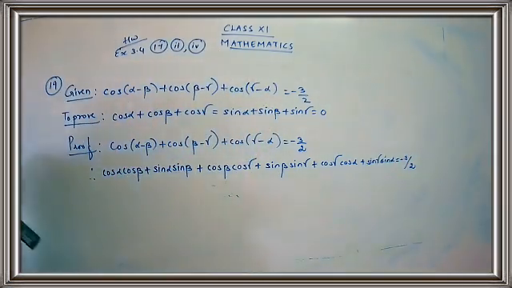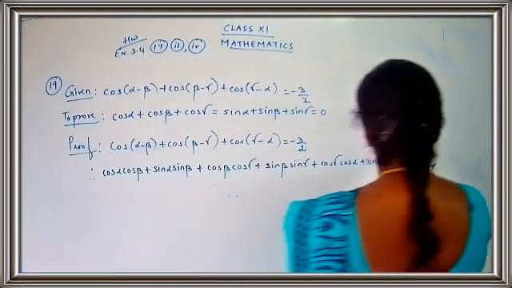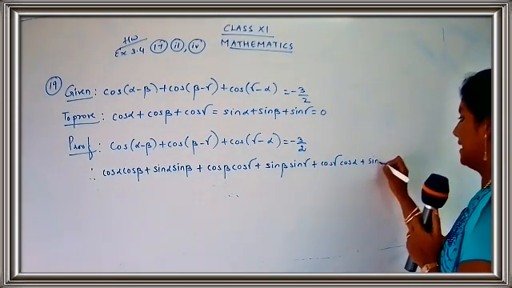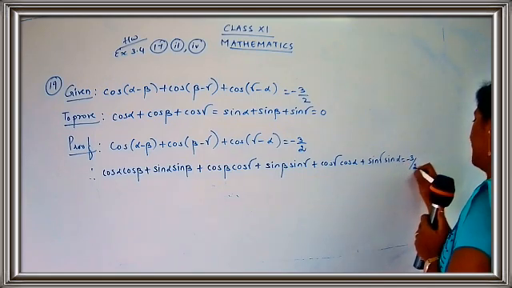I have just used the identity, that's all. I have just written the identity as it goes along. So do not miss any terms, children, and write the terms properly.